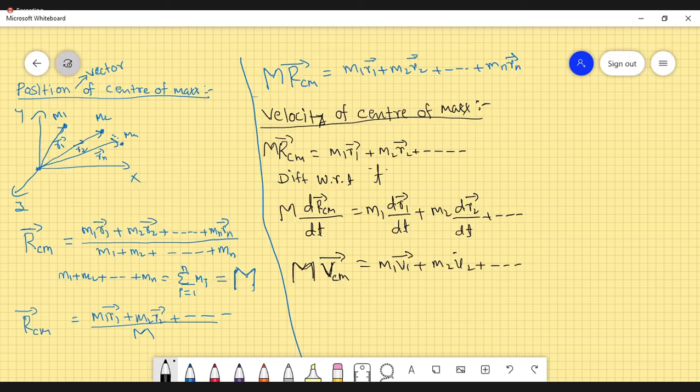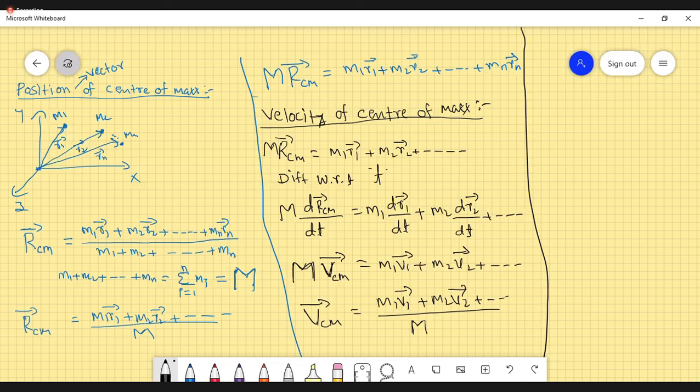So the velocity of the center of mass is V_CM equals m1 v1 plus m2 v2 plus and so on, divided by the total mass. This is the velocity of center of mass.